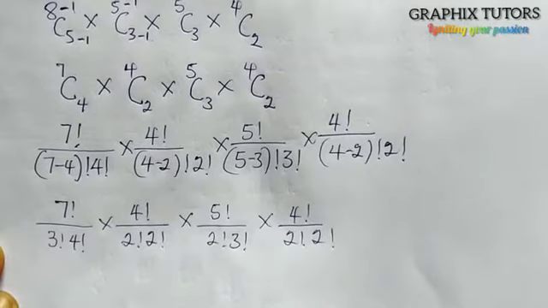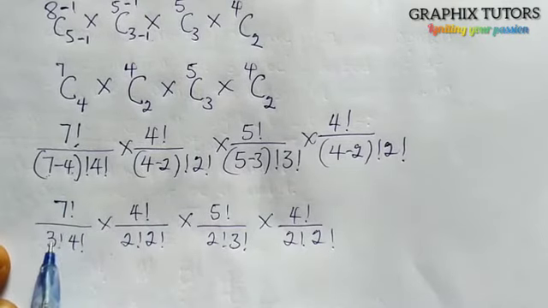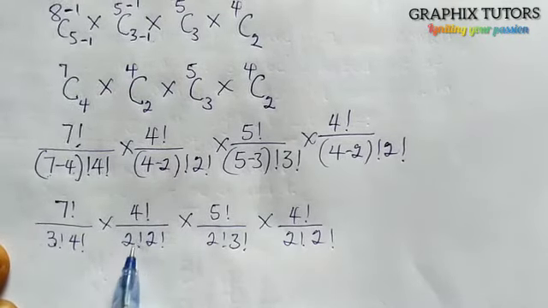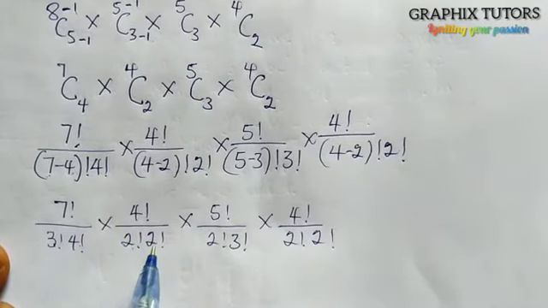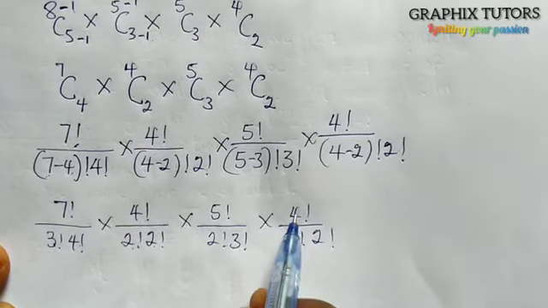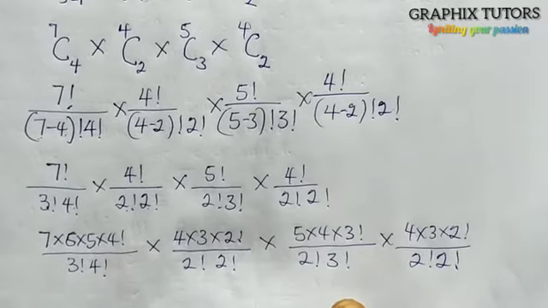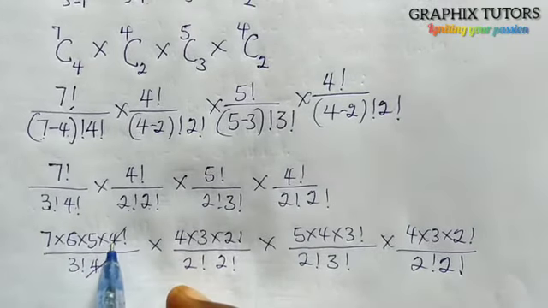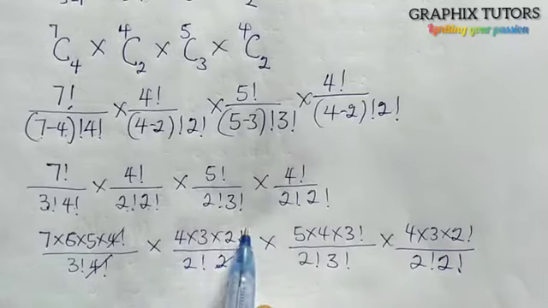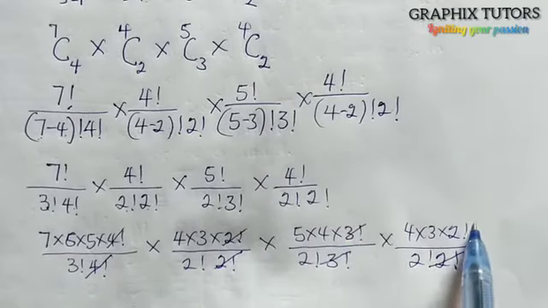So if you subtract them, this is what you're going to have. 7 minus 4 will give you 3, 4 minus 2, and so on and so forth. So if you take 7 down to 4, and 4 down to 2, and 5 down to 3, and 4 down to 2, you're going to be having this, right? Now, 4 factorial will cancel 4 factorial, 2 factorial, 2 factorial, 3 factorial, 3 factorial, 2 factorial, 2 factorial.